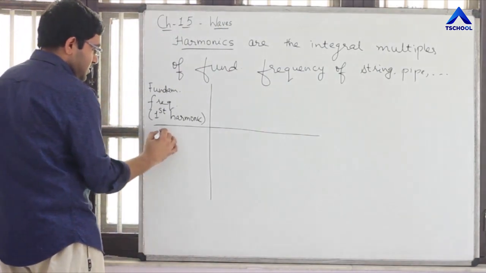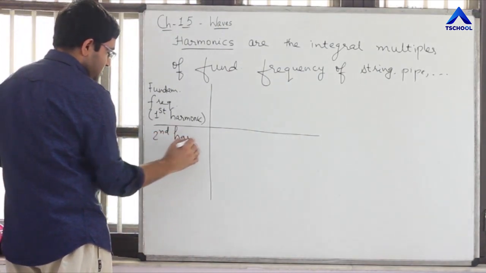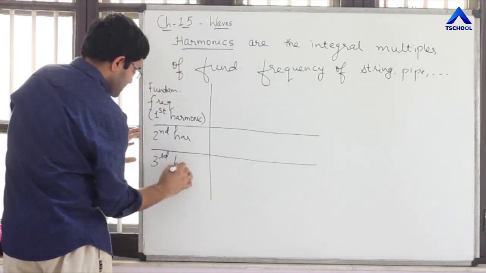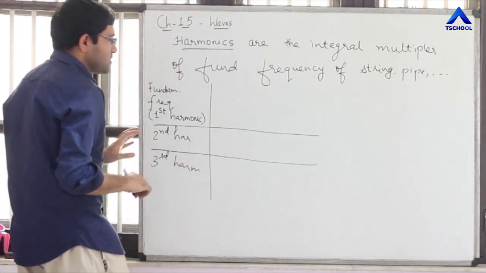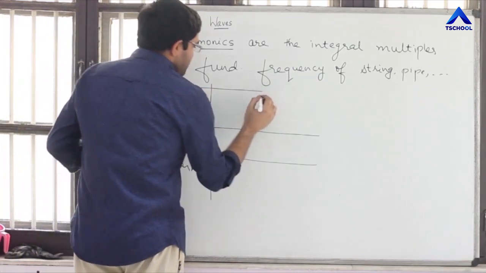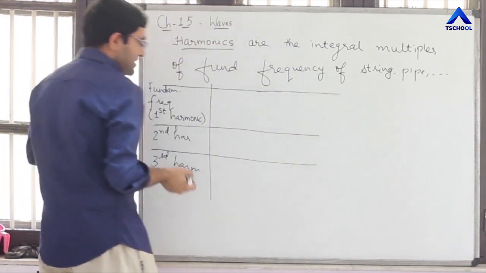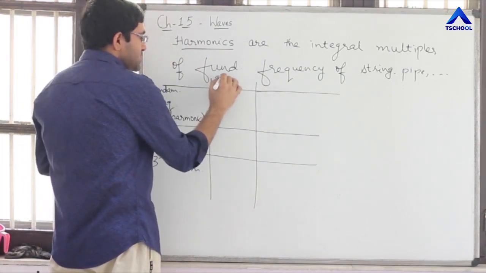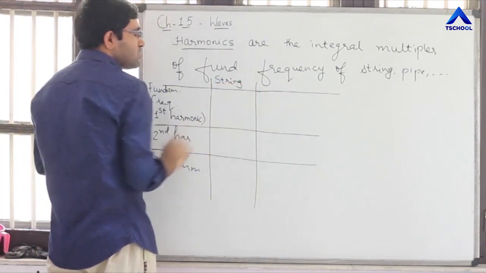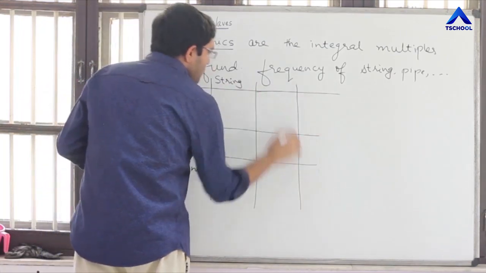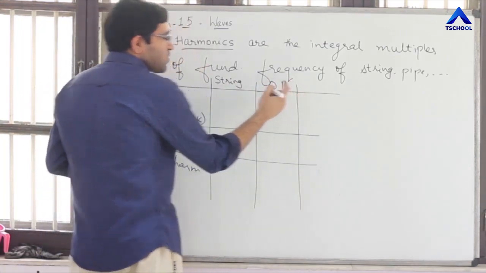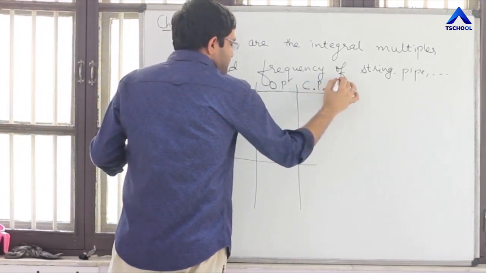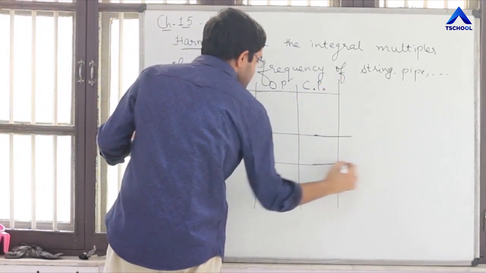So let's say we have the second harmonic here, the third, and so on and so forth. And now I'm going to characterize this. I'm going to explain each of these separately for string, open pipe, OP stands for open pipe, and a closed pipe. Okay, so let's get started.